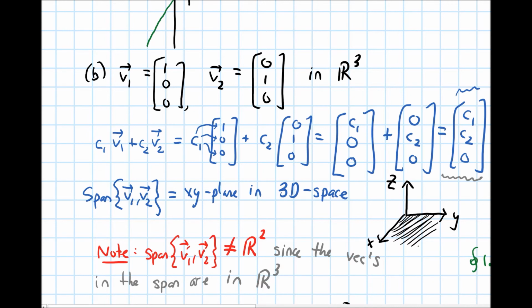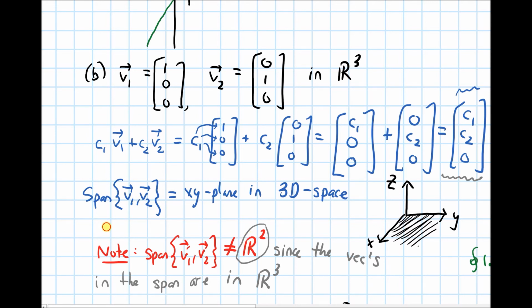They have 3 entries in them. Even though the last entry is 0, it's there. But when we talk about vectors in R2, they only have 2 entries. There's no third entry in them. So it doesn't make sense to say the span equals R2. As we'll learn later when we talk about dimension, we can say that this span has dimension 2, but it's not the same thing as R2 because the number of entries doesn't match up.